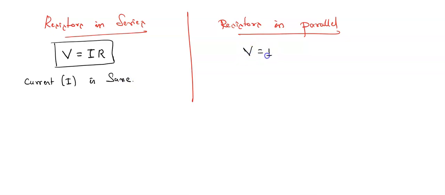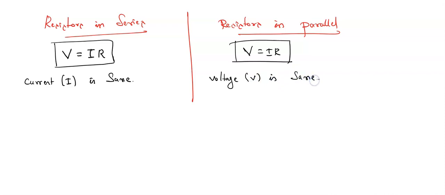Here also V is equal to IR. In this case, the voltage V is the same. Got it? Any doubts? Good. Now as you can see, the potential difference V is the same here. Here the current is the same. Understood?